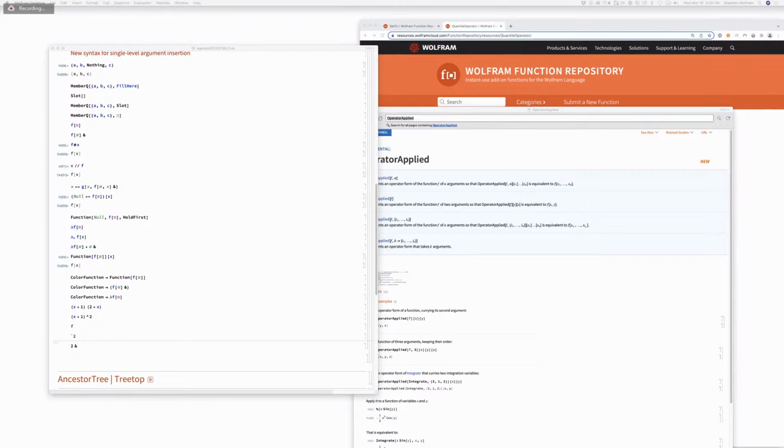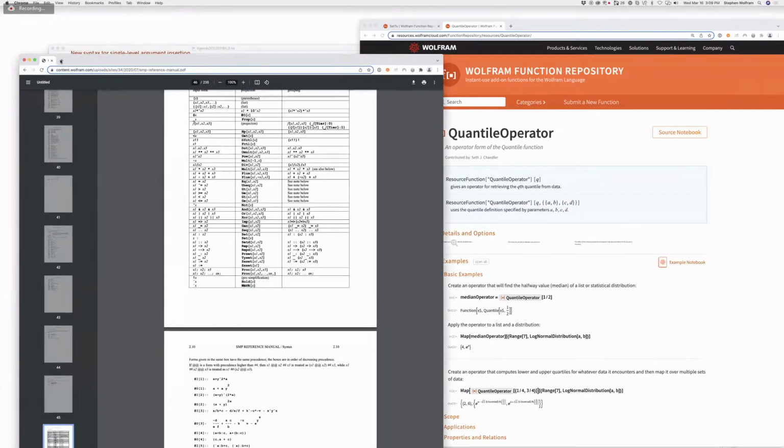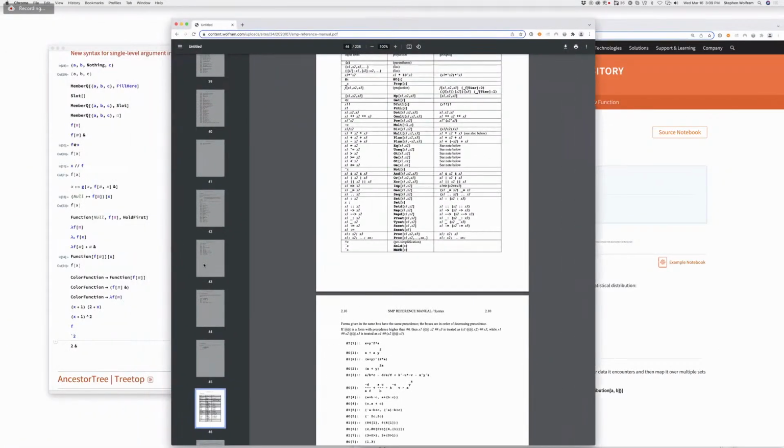Let me just see, since we are returning to so many of these things. Okay, there's the SMP precedence table.